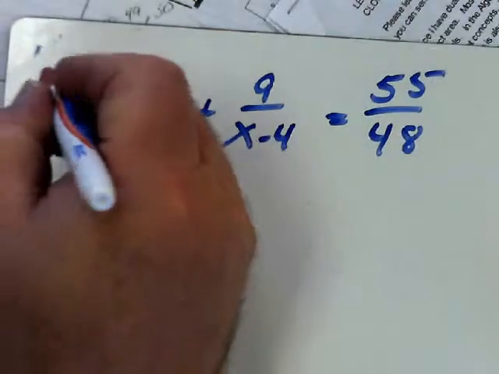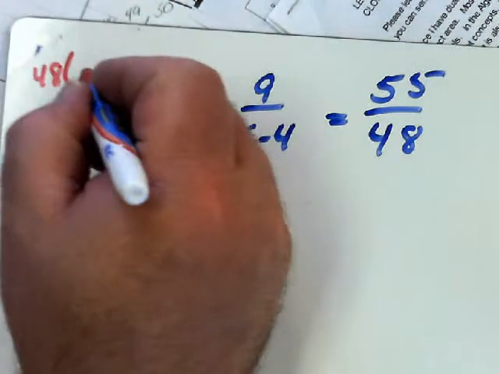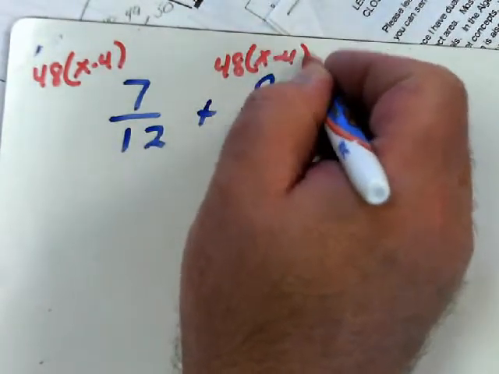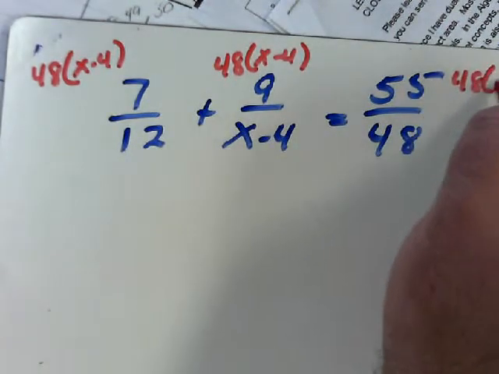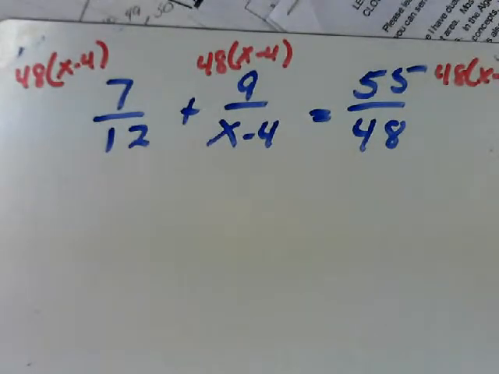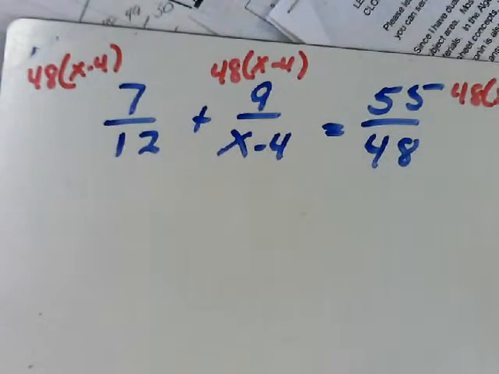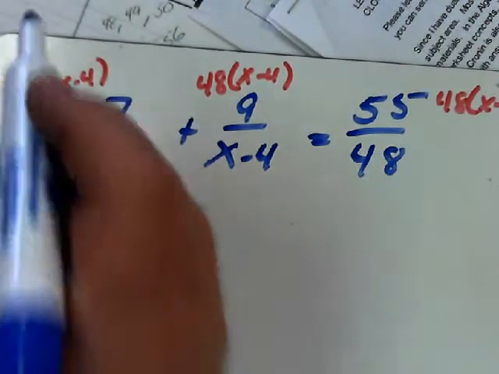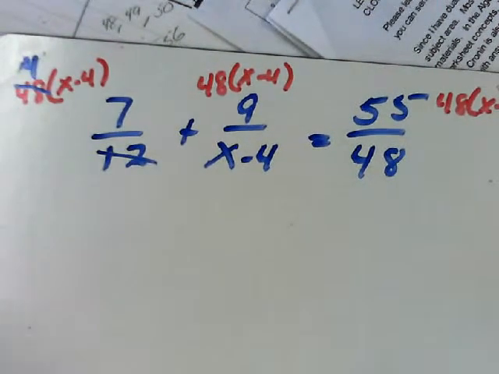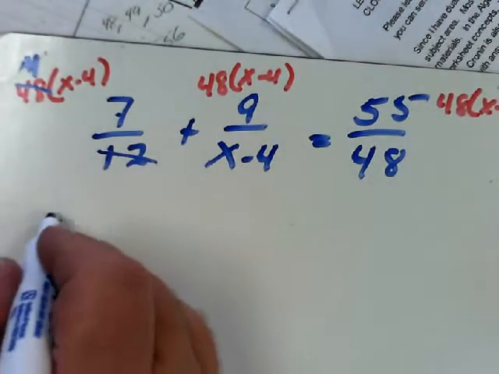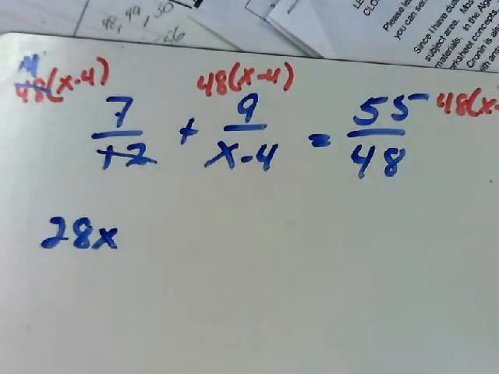Okay, so you said the common denominator is 48 times x minus 4, 48 times x minus 4, 48 times x minus 4. What will cancel in the first one? So this 12, this 48, give me a 4. So 4 times 7 is 28, then I have to take 28 times x and 28 times a negative 4.